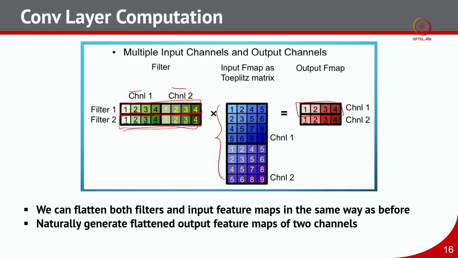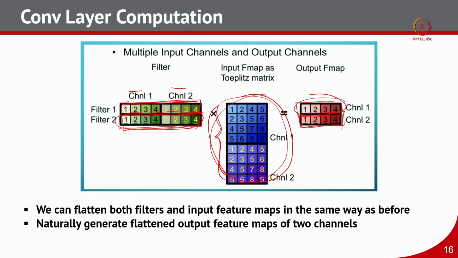Now, if we do that, these values from filter 2 will get multiplied with the same input to obtain another channel, right. If you just remember basic matrix multiplication, you will understand that first the values of channel 1 will get multiplied with all these to obtain the channel 1 output feature map values, and then we will go to the next row and perform the same vector-matrix multiplication to obtain the values of channel 2, right.